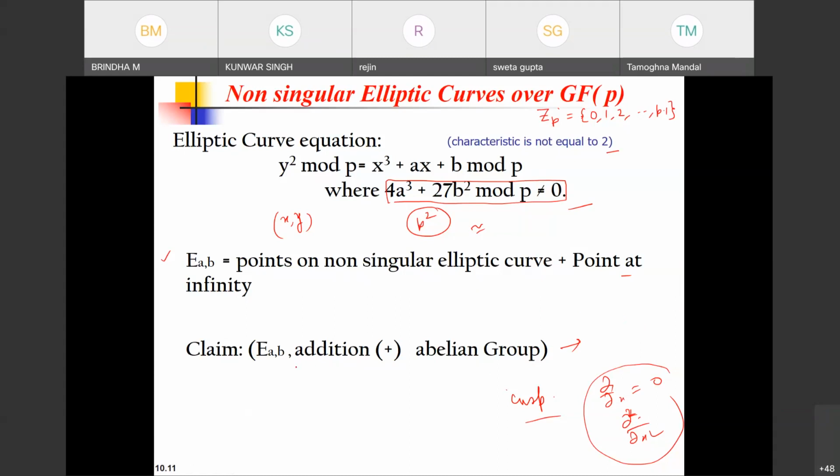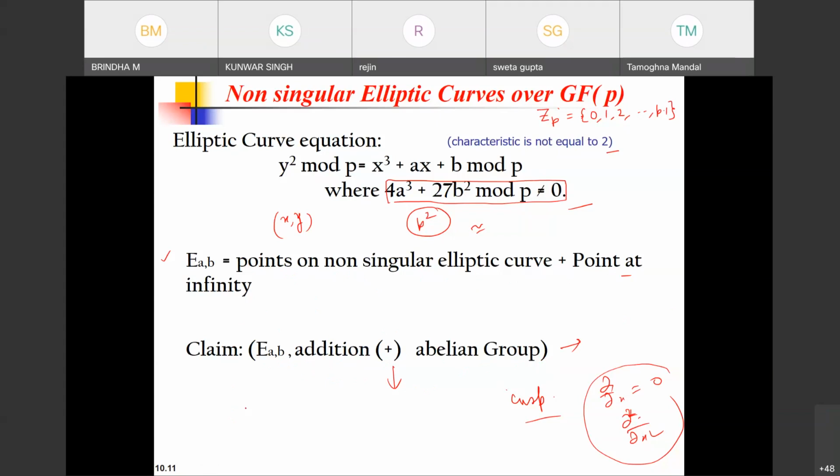Is that clear? So now we'll prove this claim. The set E of points on a non-singular elliptic curve and one point at infinity, with the addition operation that will be defined, forms the abelian group. That we will show. Is that clear?